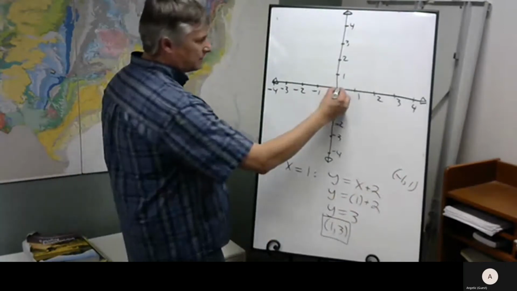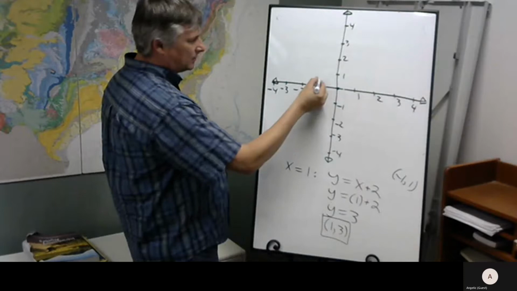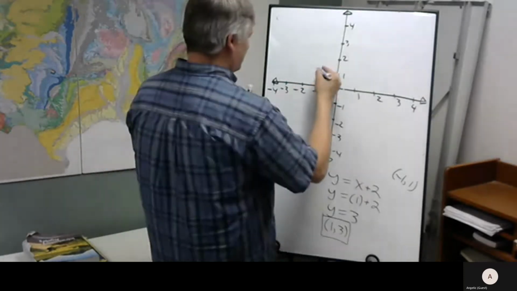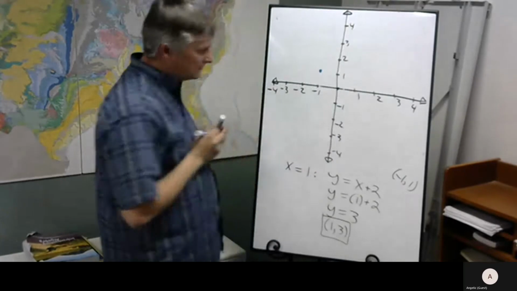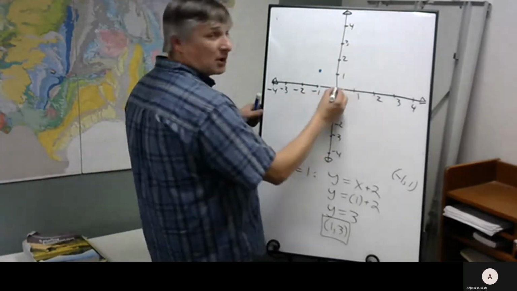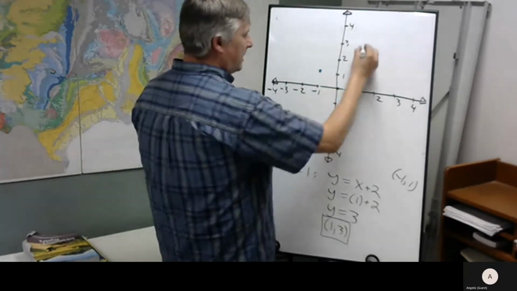We can start at the origin. So we go out to -1, then we go up to 1. Then we have 1 and 3. So start at the origin, go to x equals 1, go up to y equals 3.